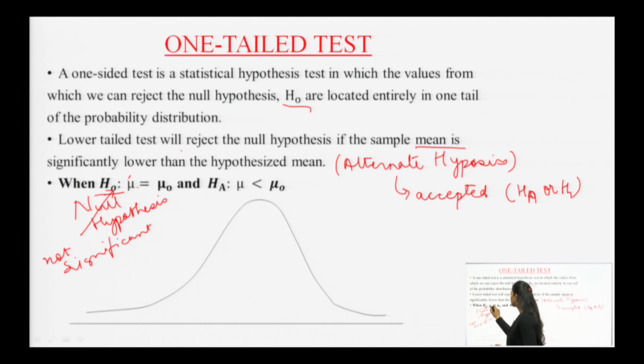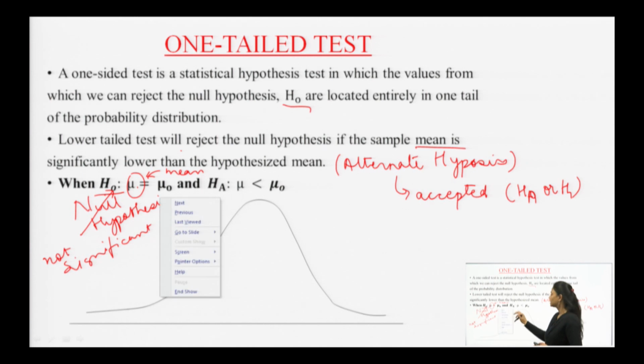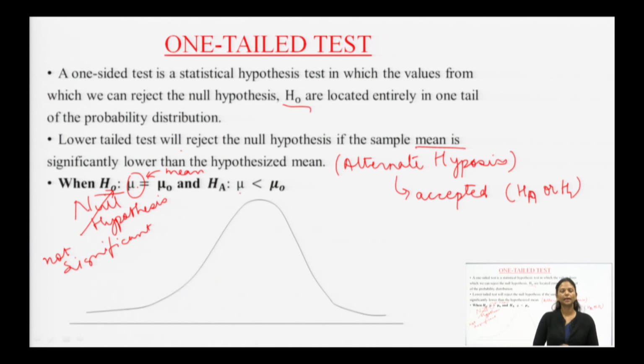That means your mu is the mean, this mean is equal to mu naught, that means mean for the null hypothesis, whereas alternate means that the mean which we are taking is less than the hypothesized mean, that means mu naught.